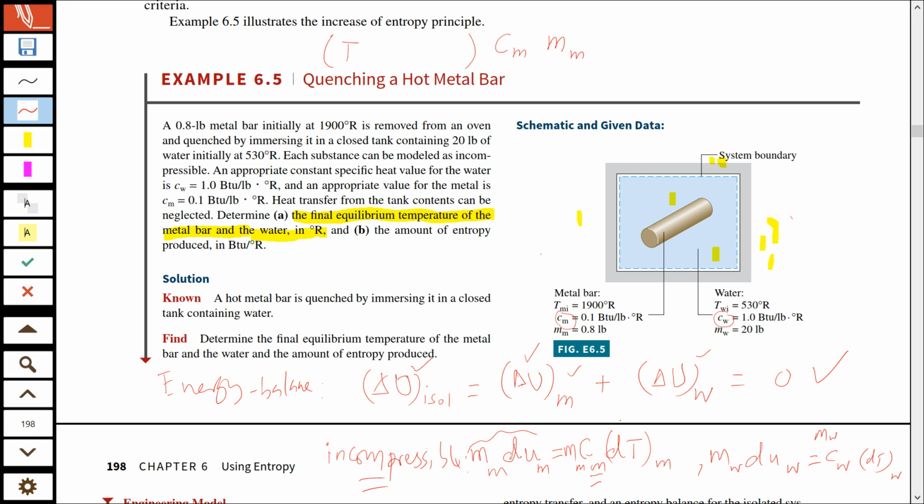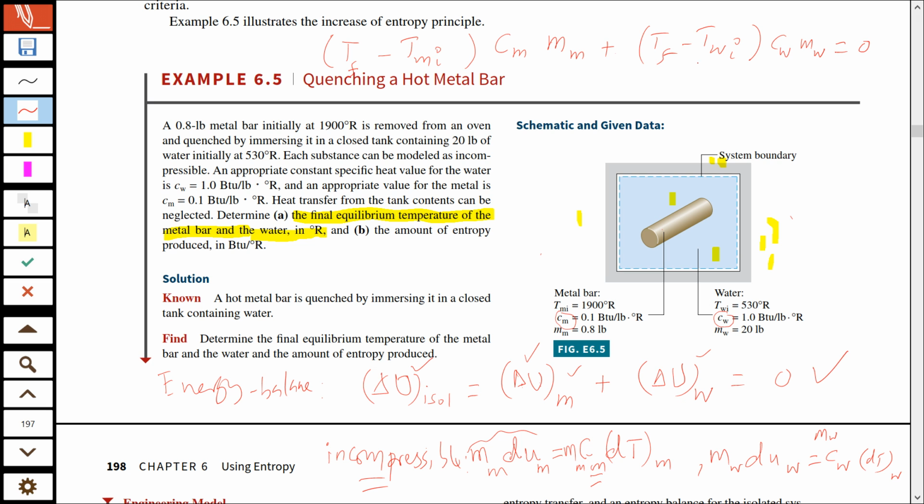It will simply be the change in temperature: T final of the overall system minus T_mi, plus, here I need C water, M water, T final, T_f is the same for both, minus T_wi.